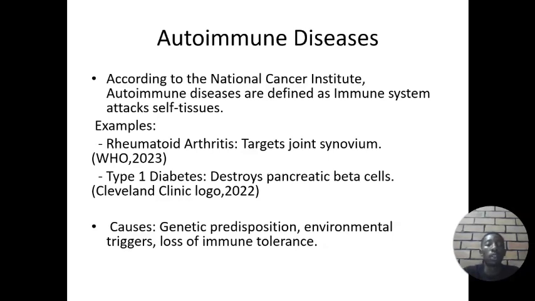As you know, type 1 diabetes is caused by a lack of insulin production. There are many causes of autoimmune disease, but a few are genetic predisposition, where many genes can cause autoimmune disease, and environmental triggers like smoking, alcohol, and inactivity or lack of exercise. The loss of immune tolerance can also cause this disease.